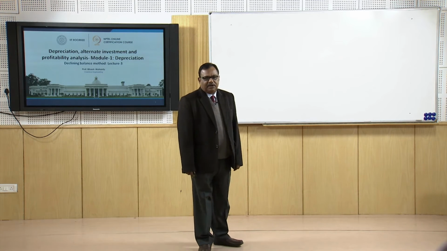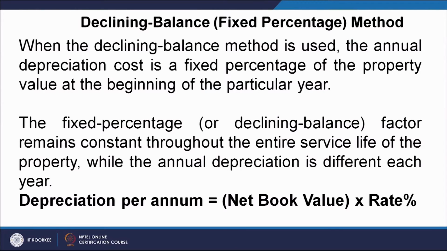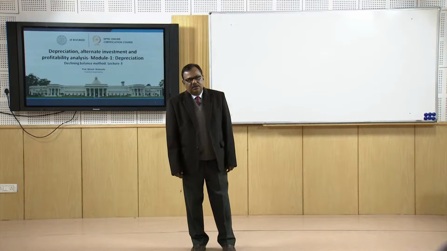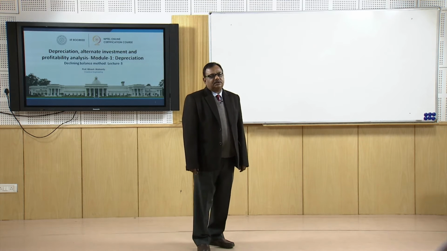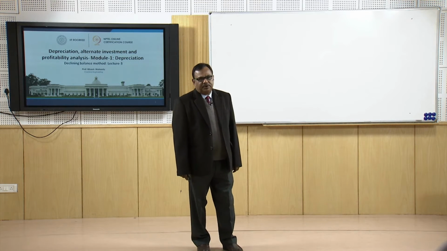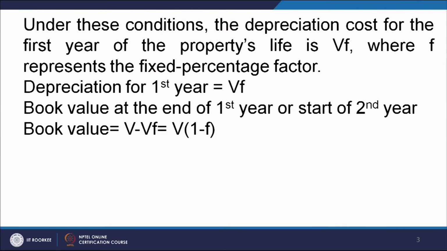The depreciation per annum is equal to net book value times a constant percentage, given here by rate percent. Under these conditions, the depreciation cost for the first year of the property life is V into F, where F represents the fixed percentage factor.